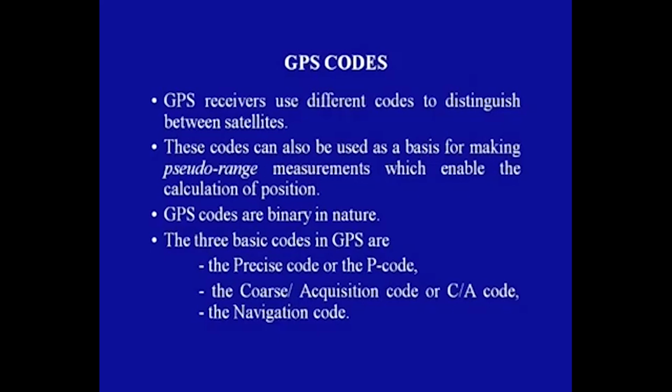For pseudo range measurements, we need to have GPS codes. GPS codes are primarily binary in nature, and there are 3 basic codes in GPS which are sent by the satellites: the precise code or the P code, the coarse/acquisition code or CA code, and the navigation code.